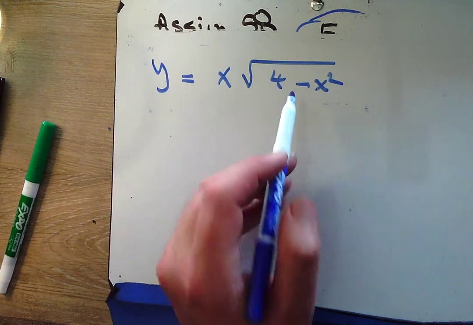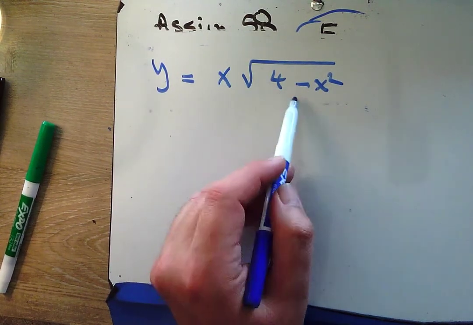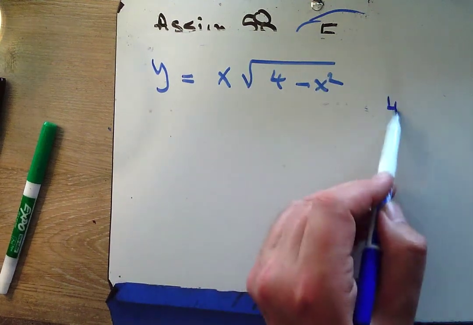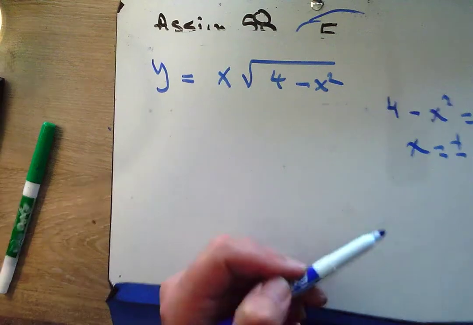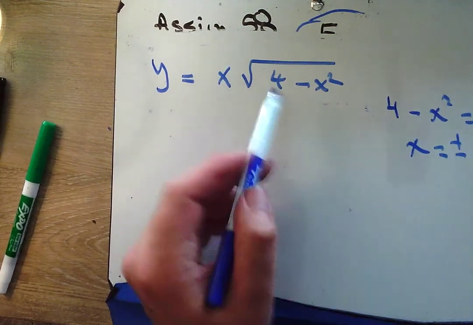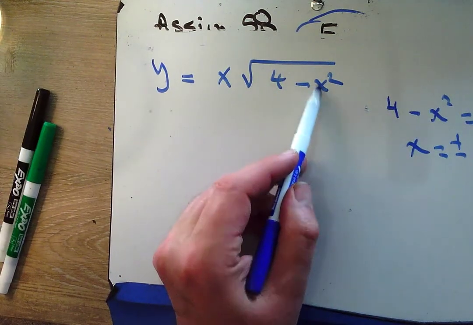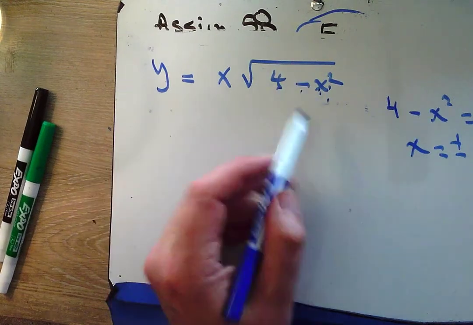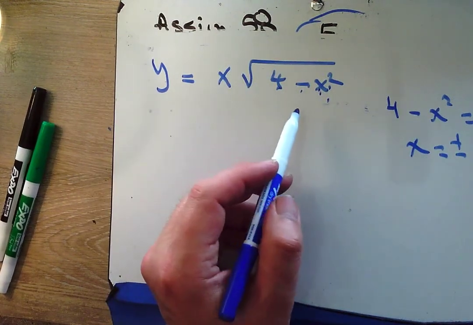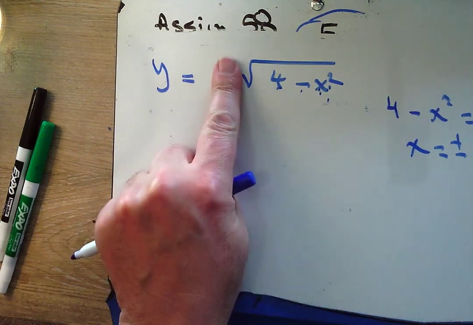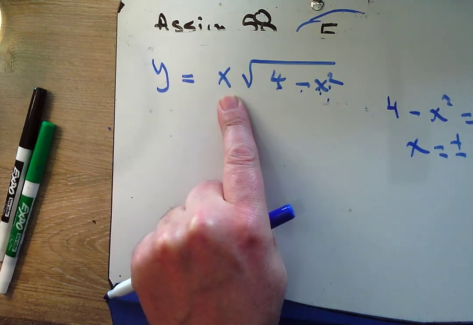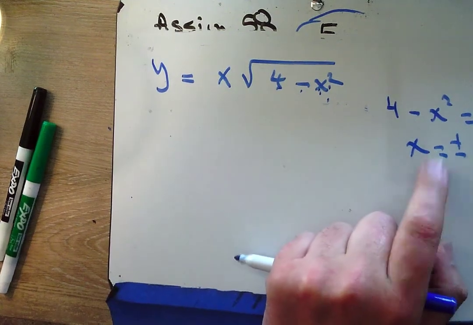So I'm going to find some critical points where 4 minus x squared equals 0, so x equals plus or minus 2. So what happens if I plug a 3 in there? 3 squared is 9, 4 minus 9, negative 5. Oh. So this graph, made up of a semicircle times this linear equation, this graph has a bounded interval.